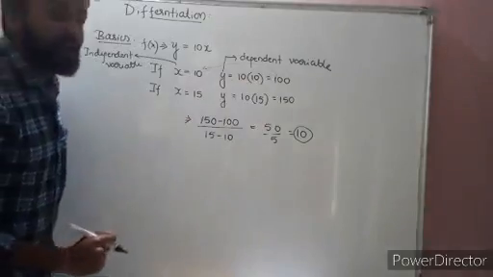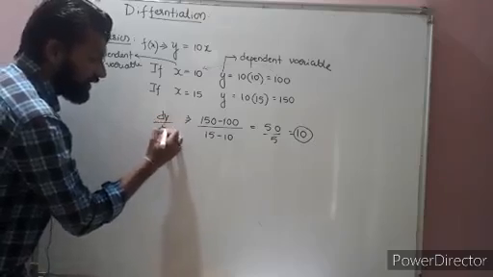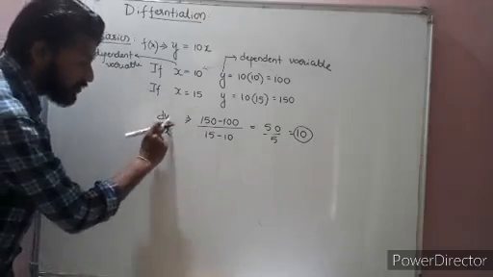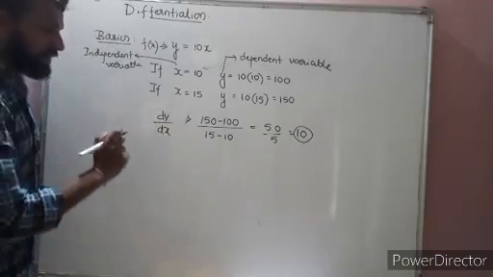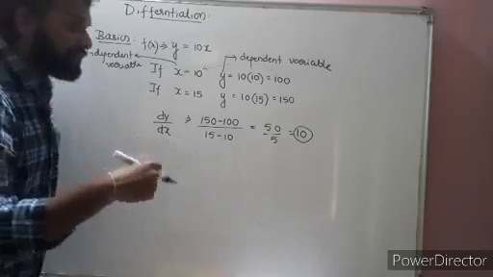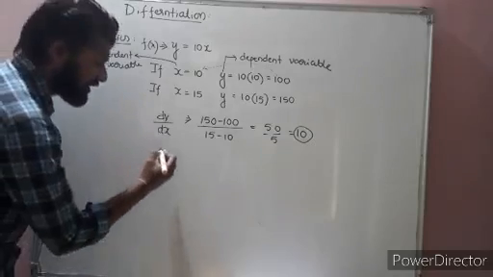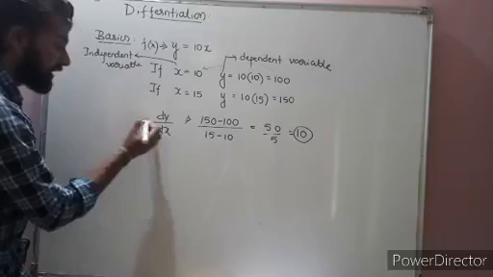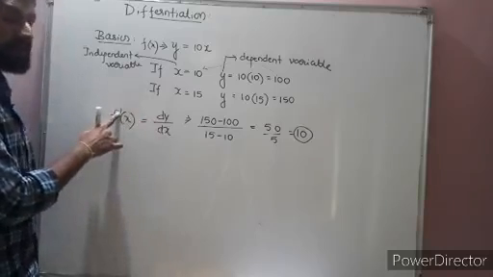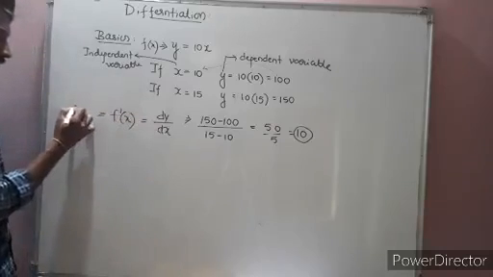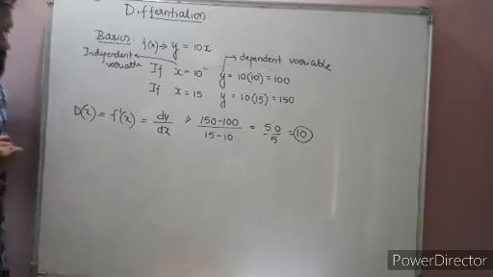That is called differentiation, and generally we write it as dy by dx. That means change in y with respect to change in x. There are different ways to write dy by dx. Some people write this as f dash of x. This is again the same derivative. Some people also write d of x. This also means differentiation only.